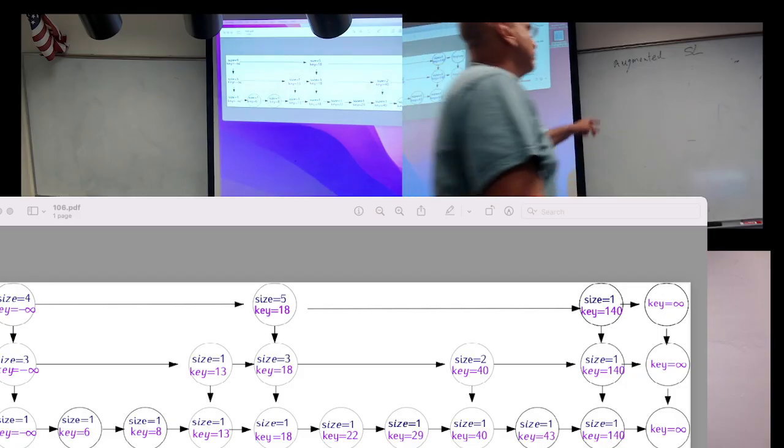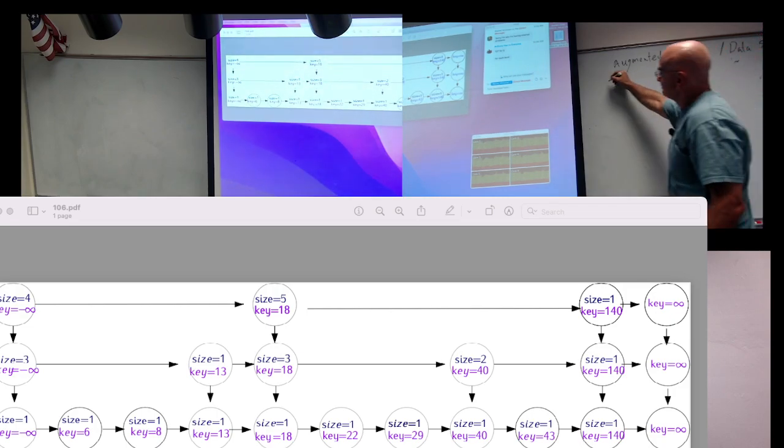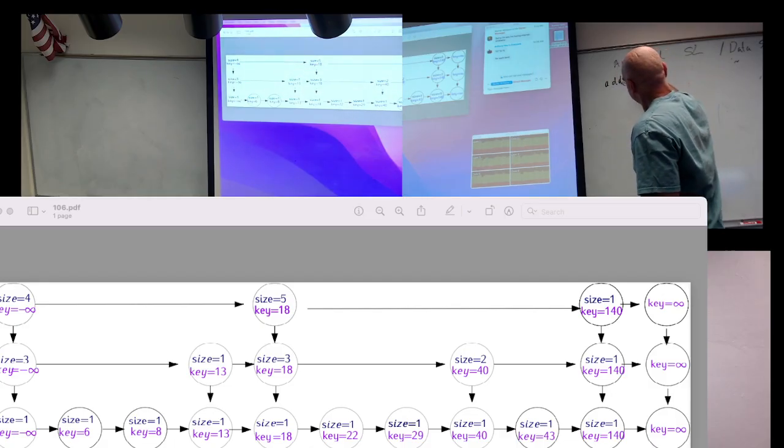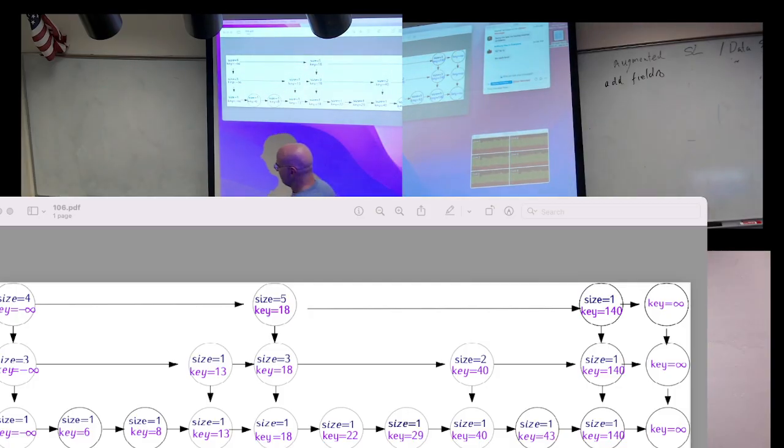Usually when we are talking about an augmented skip list or an augmented data structure in general, we add fields that can store information, and we'll see what type of information I'm getting.